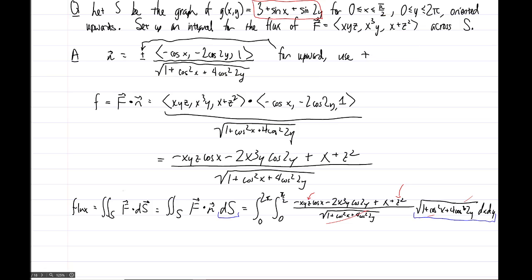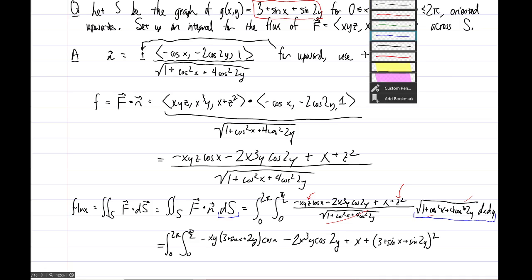So if we write this out a little more cleanly, we'll have the integral 0 to 2 pi, integral 0 to pi over 2, of negative x, y, z gets replaced with 3 plus sine of x plus sine of 2y, times cosine of x, then minus 2x cubed y cosine of 2y, then plus x plus, and z here again gets replaced with 3 plus sine of x plus sine of 2y, quantity squared.